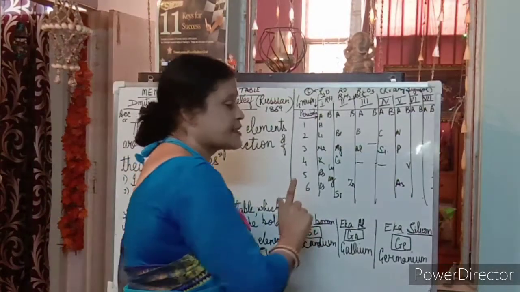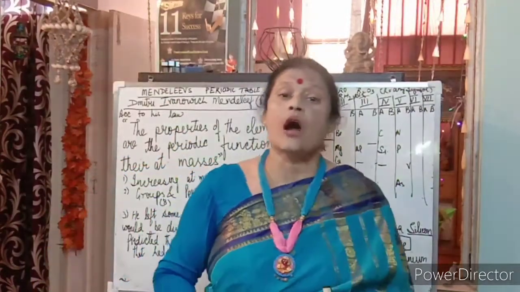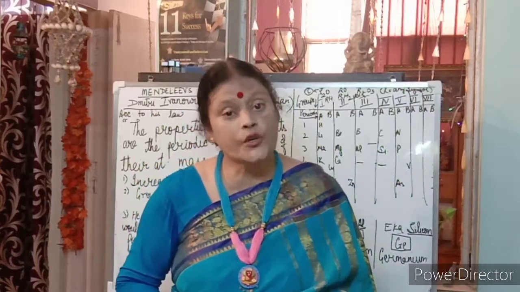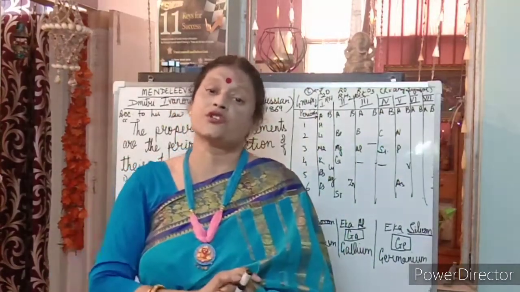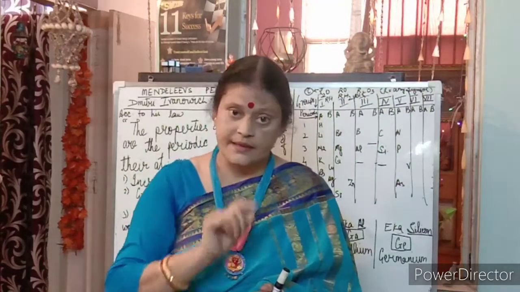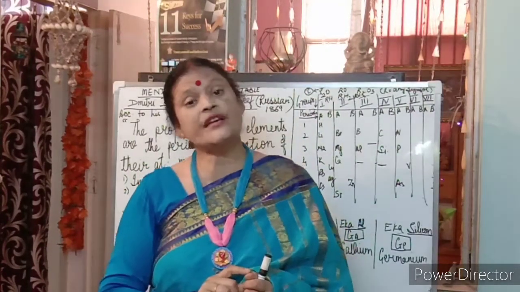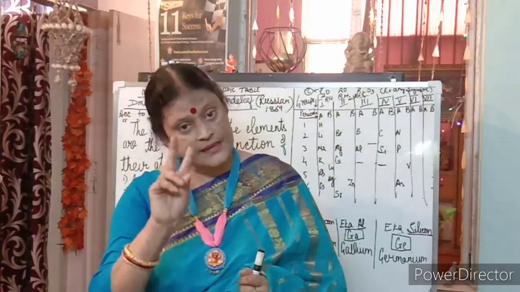So there are 6 periods. A question may come: how many periods and groups are there in the Mendeleev periodic table? There are 8 groups, that is vertical columns, and 6 periods, that is horizontal rows. First characteristic, right? 63 elements were known at that time. Second.